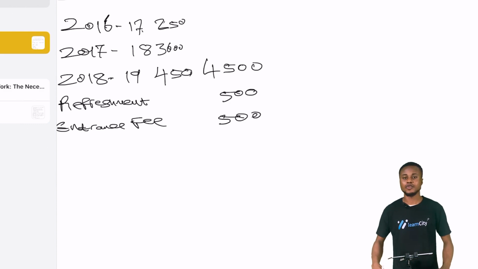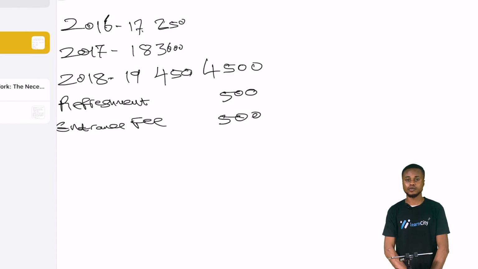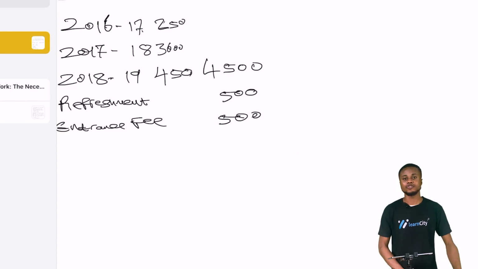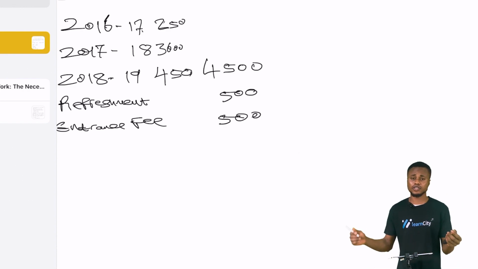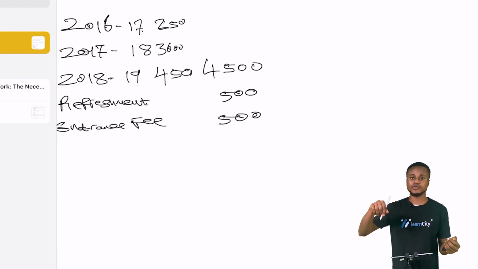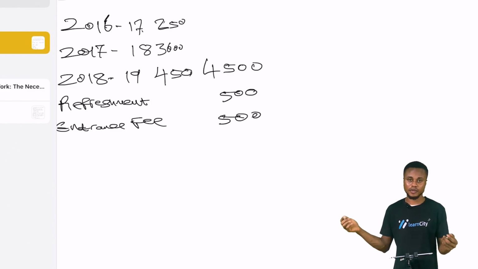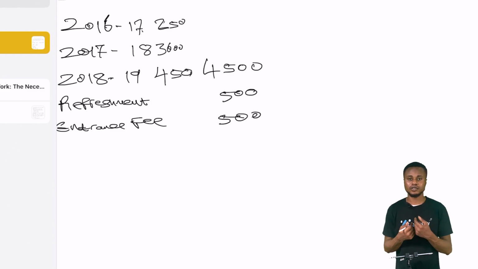And during the process of their endeavor, of course, donations were being received from outsiders, not from people within their organization, but from outsiders. And this donation should be on the debit side of the receipt and payment account. And how much is this amount?